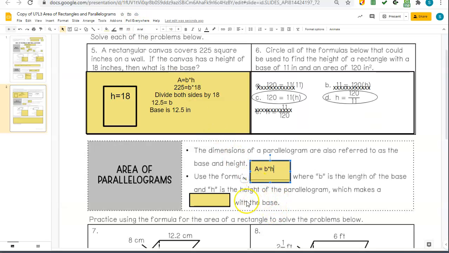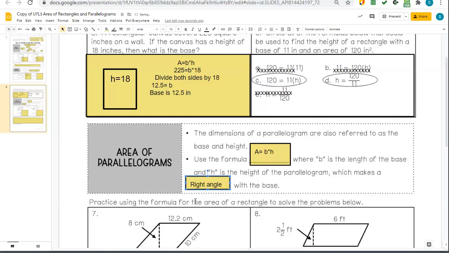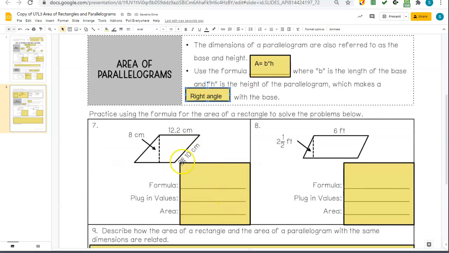Now, we said that was a right angle with the base. And again, I'm going to make that just a little bit longer so that way it fits in our box. So notice we're not actually going to use this 10 centimeters at all because it is not perpendicular to our base. Here's our base and here's our dimension that is perpendicular.